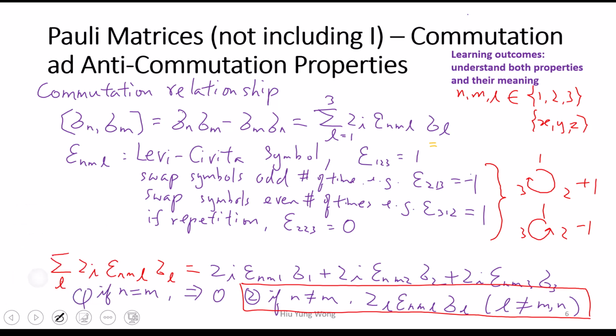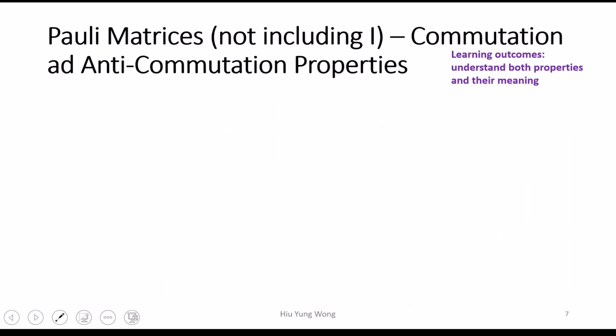How do I write it? This is just your 2i epsilon nml sigma l with l not equal to mn. This is the answer. You can think in that way, right? But more formal way is that you need to sum over l, but two of them will be 0. Okay, so they make sure that, let me give an example. Let's give an example that will be the best.